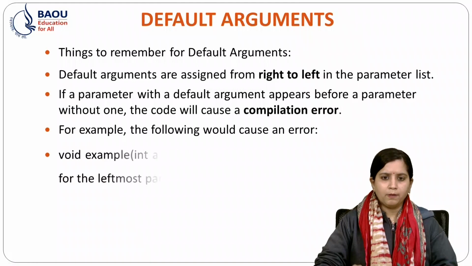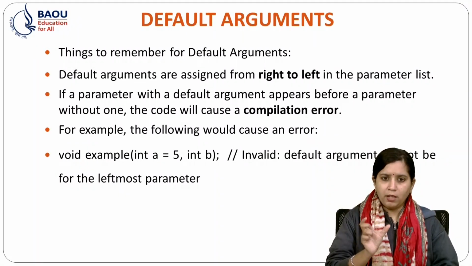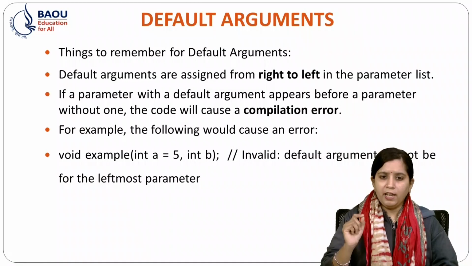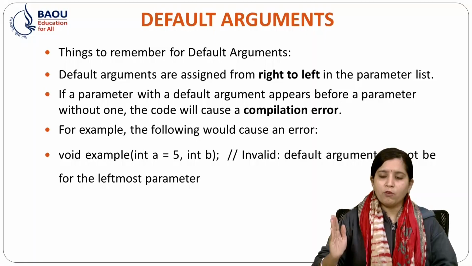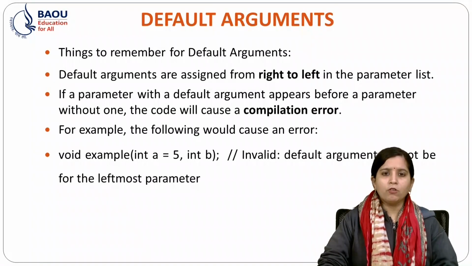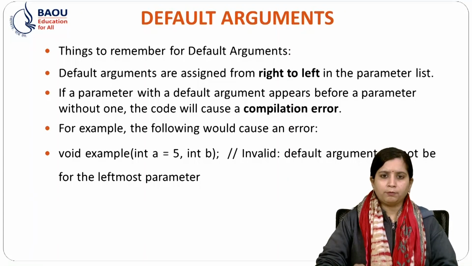For example, if I have void example, a function name, which has int a is equal to 5 and int b, then this will give me an error. Why? Because default arguments always start from right to left, not left to right. I hope now you get the idea about default arguments.